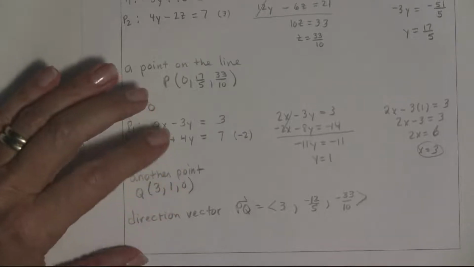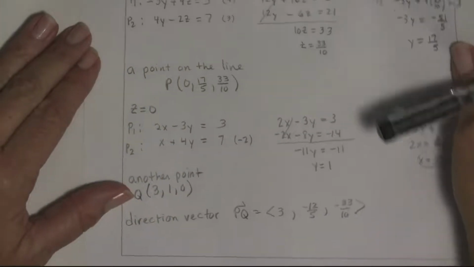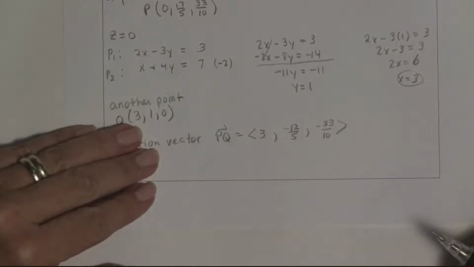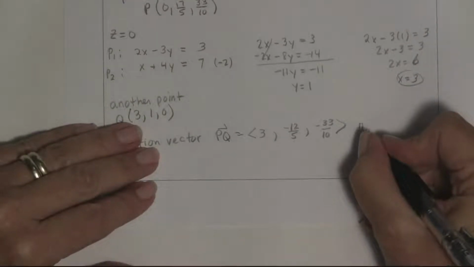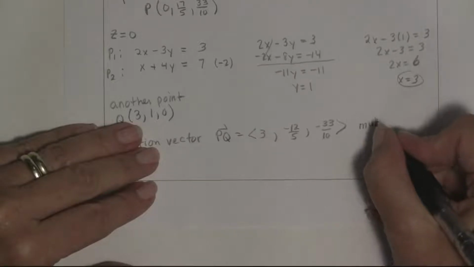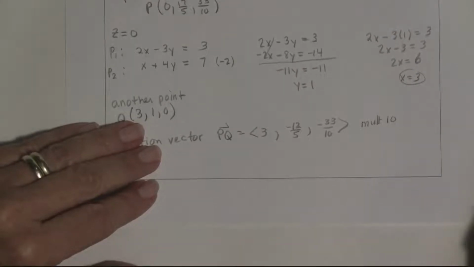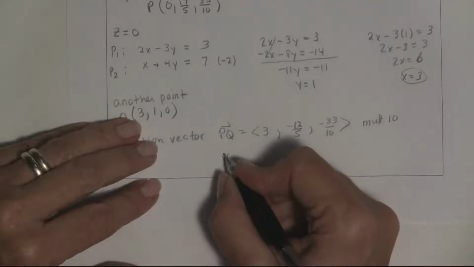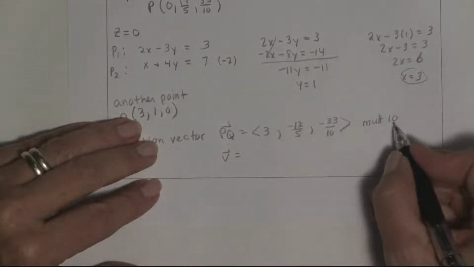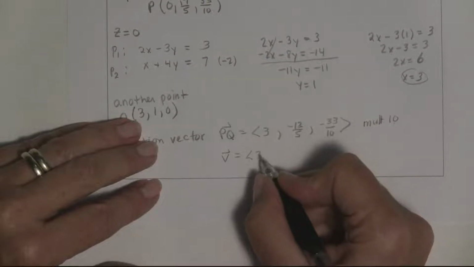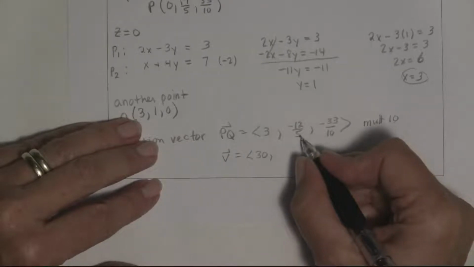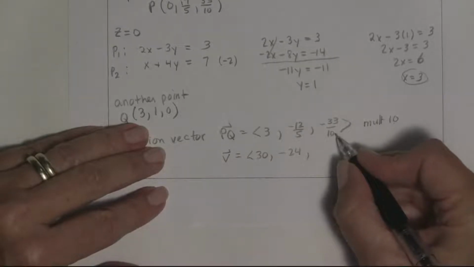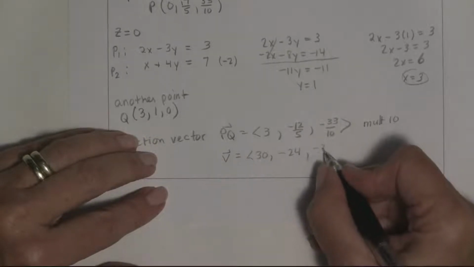So this is our direction vector, and I don't typically like my direction vector to have fractions in it, but you can use any scalar multiple. So I can multiply here by 10 and get a direction vector that's just as good, and so I'll use it. When I multiply by 10, I'm going to get 30 here, times 10 here would make negative 24, and times 10 here would make negative 33.